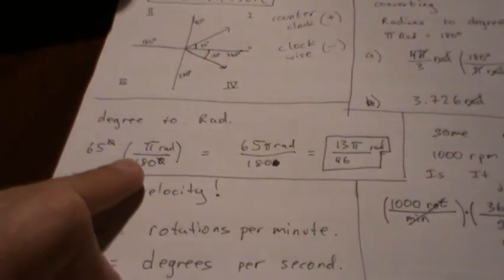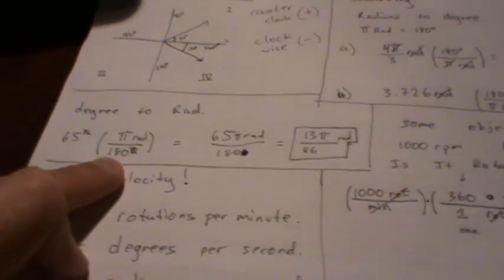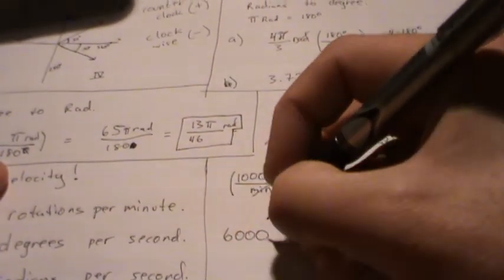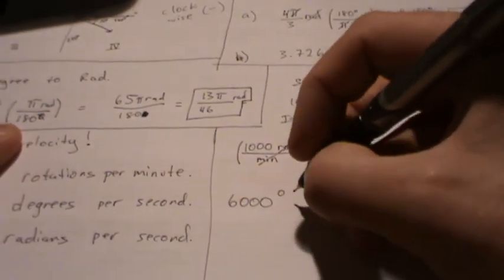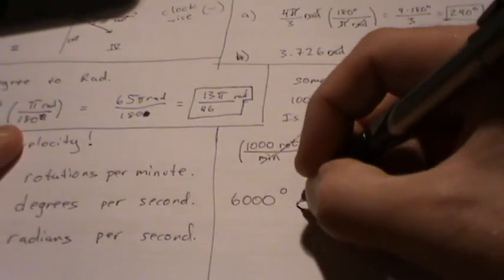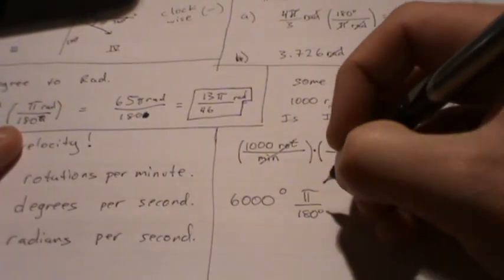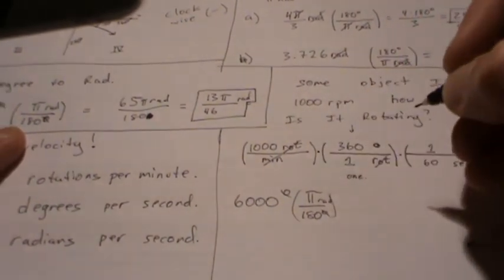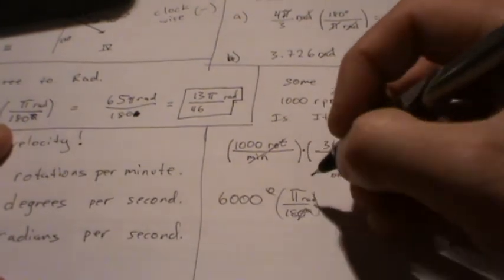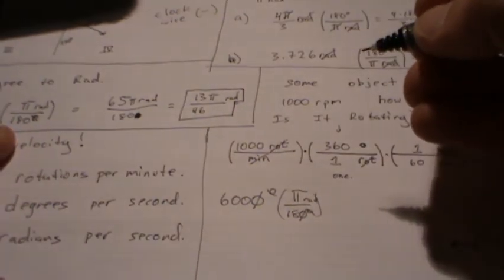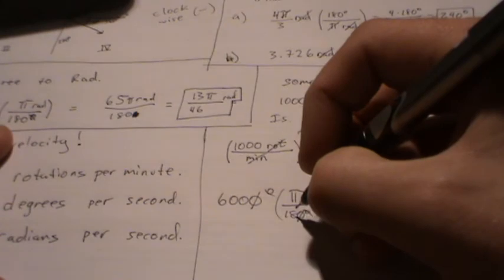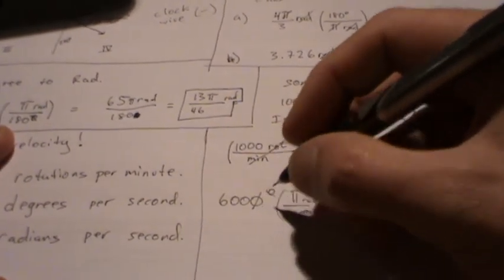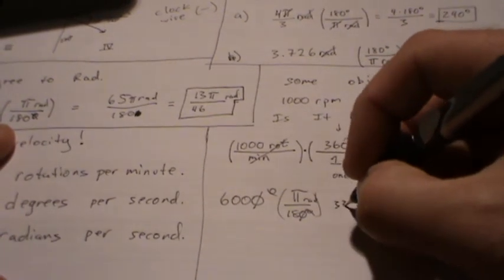So I would take the 6,000 degrees and multiply it by pi over 180. The degrees cancel. Oops, I forgot my units there. And so this will cancel with that.